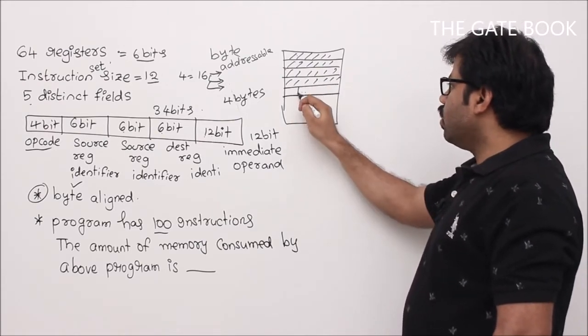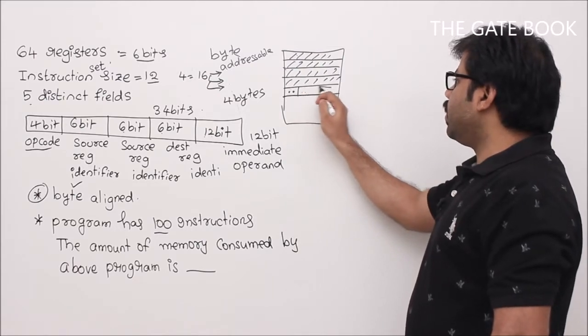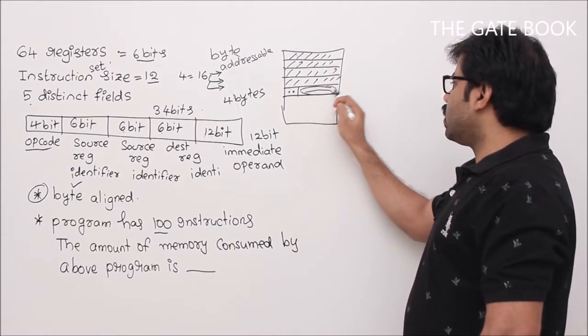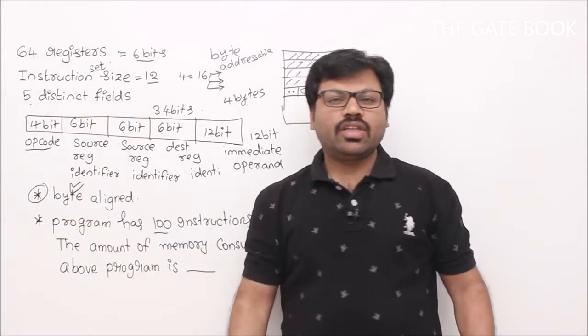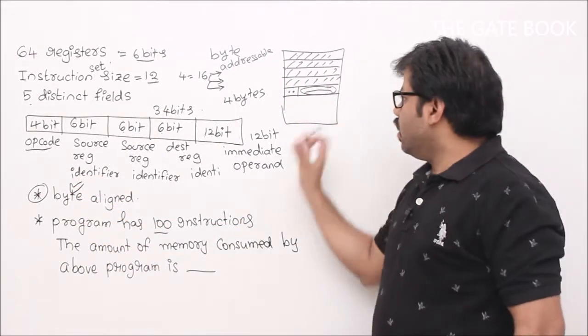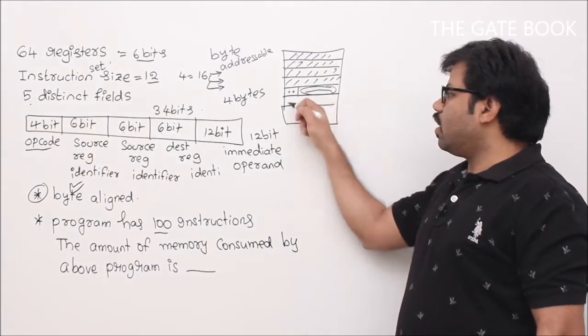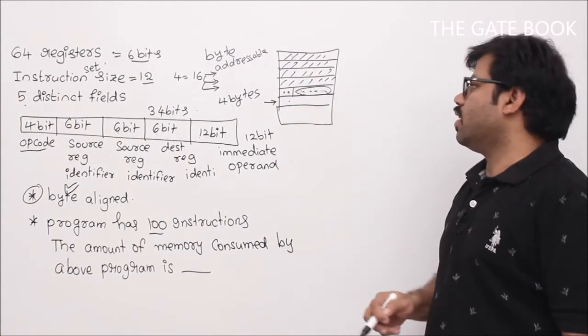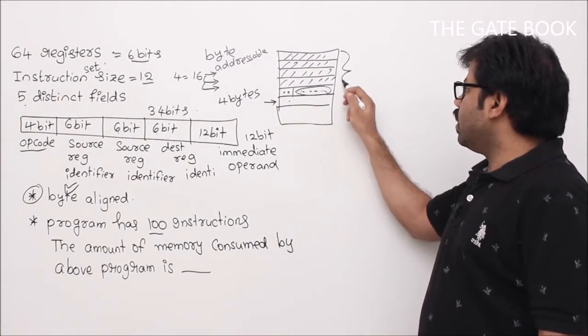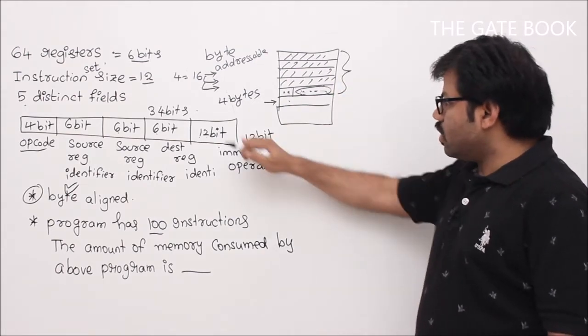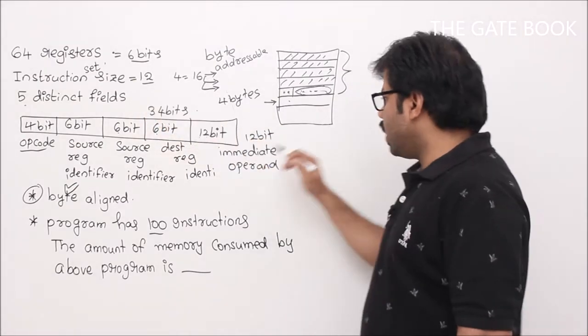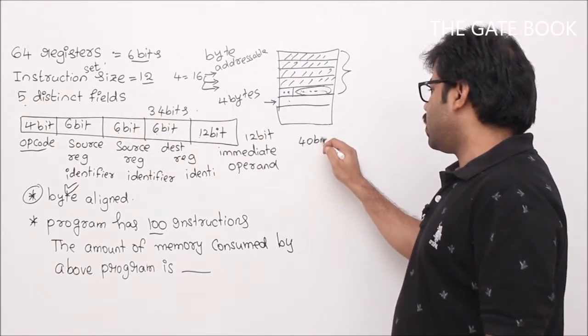No, only 2 bits. What about the other 6 bits, sir? Can I use them for another instruction? No. Here byte alignment comes into the picture. Whenever the model is byte aligned, the next instruction should go to another byte, not this used byte. So each instruction is now occupying 5 bytes, correct? Though the size of the instruction is 34 bits, effectively it is occupying 40 bits.